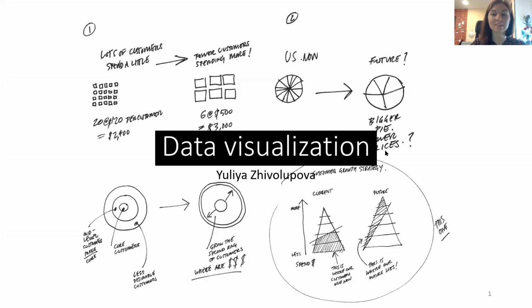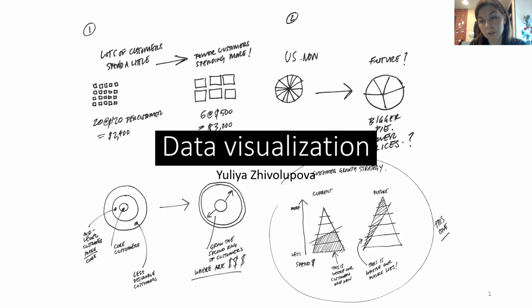Okay, so we'll talk about data visualization techniques and types of charts which we may use in data analysis projects. You know that when we are working with numeric variables, it's really impossible to analyze some tendencies in the data set.